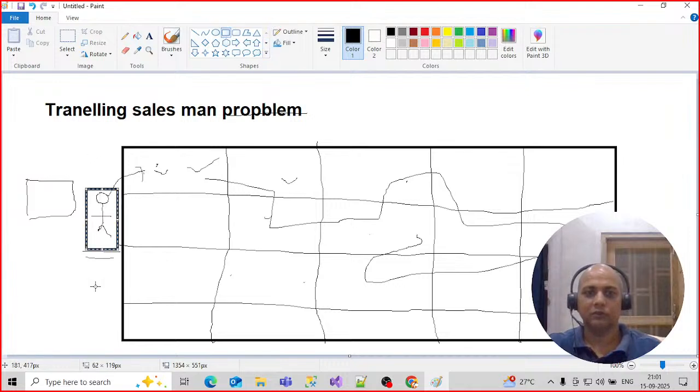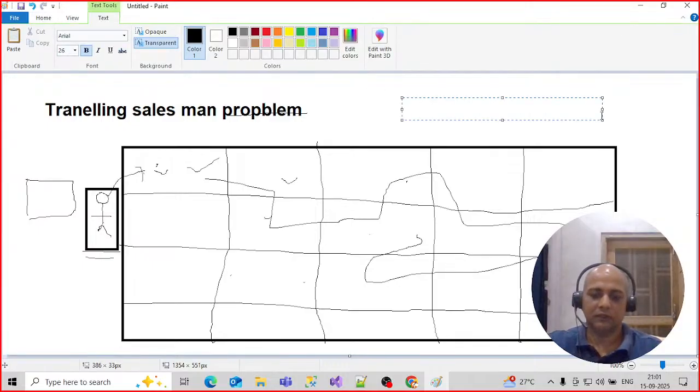Less travel means less time and less cost is consumed, whether you count travel cost in terms of time, distance, or any expense, and effort too.